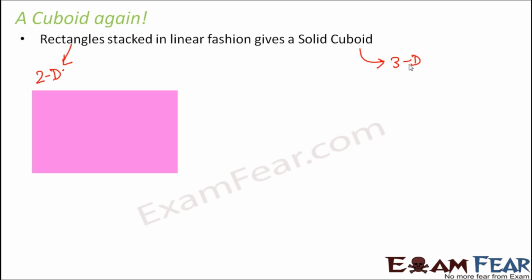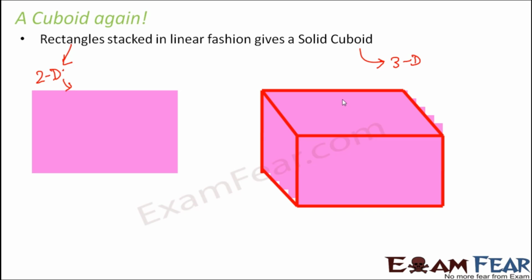If you stack rectangles one after another, this is our two-dimensional rectangle, and here we will build a three-dimensional cuboid from it. You keep one rectangle. Rectangle means just imagine a sheet of paper which is cut in the shape of a rectangle. You place this and you keep placing more and more rectangles like that. What do you end up getting? You end up getting a solid cuboid, because the moment you keep stacking rectangles, you are actually building the third dimension, which is the height.